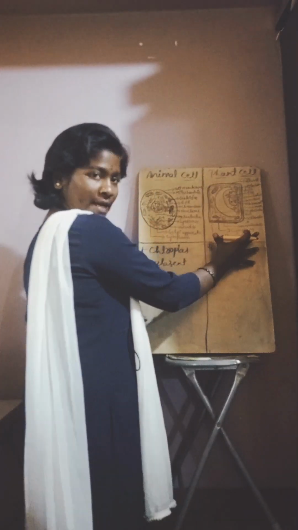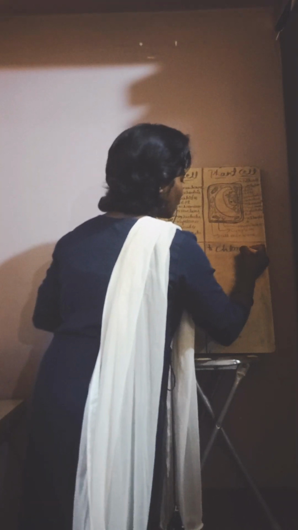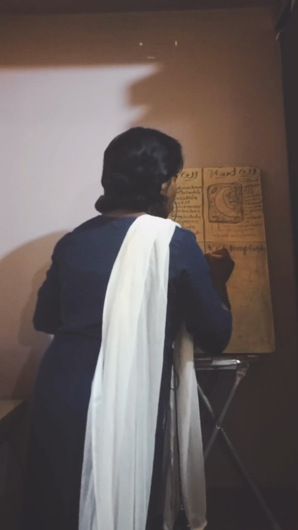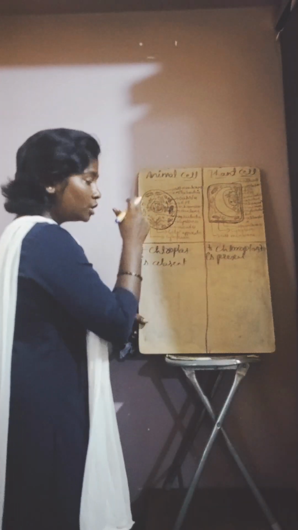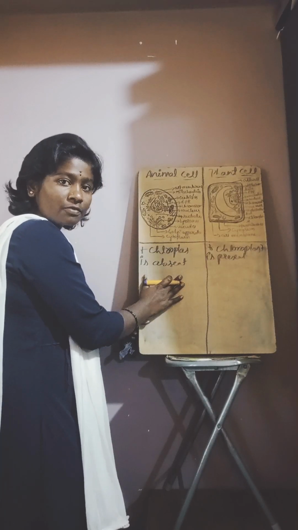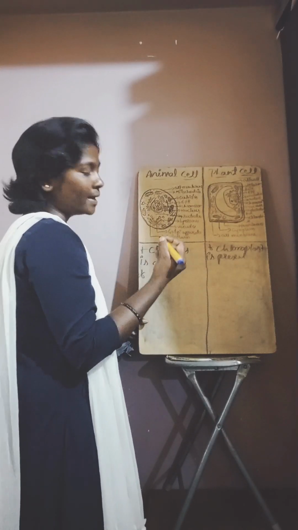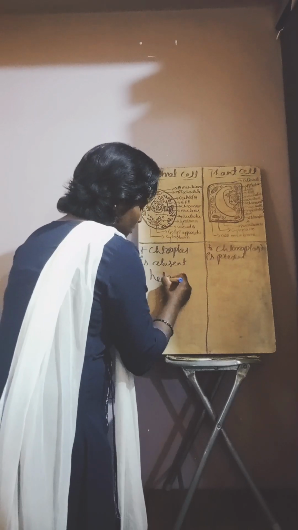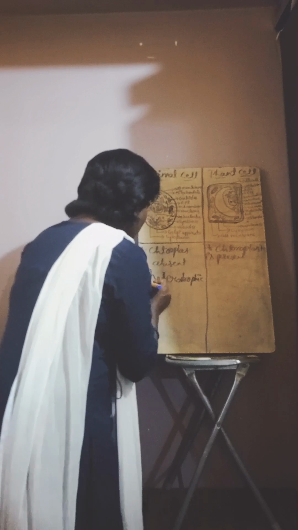In case of plant cells, chloroplast is present, right? So here, due to the absence of chloroplast, animal cells are heterotrophic in nature.